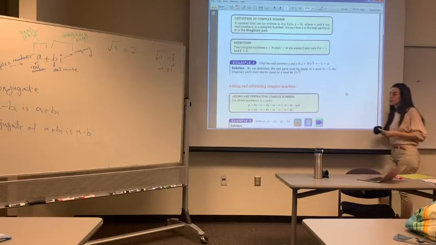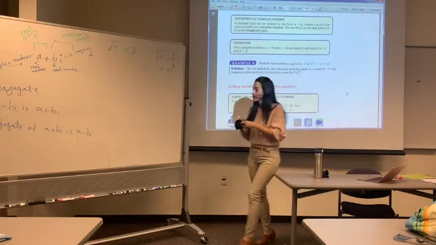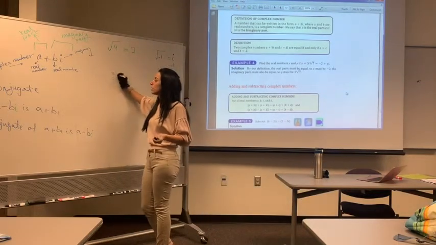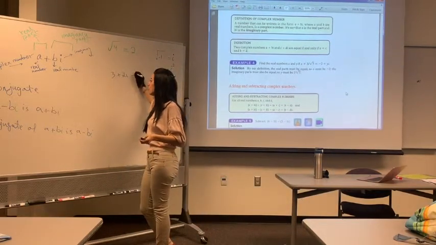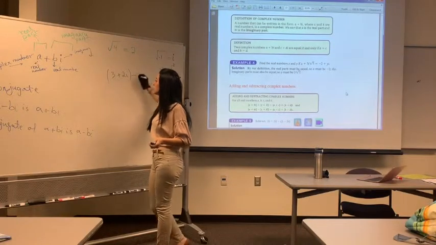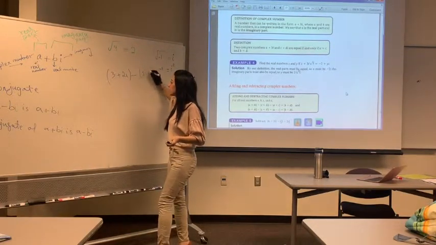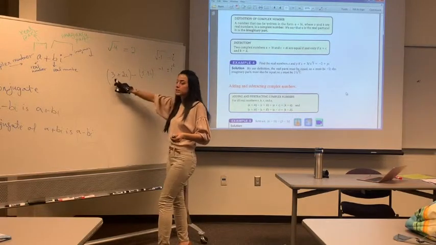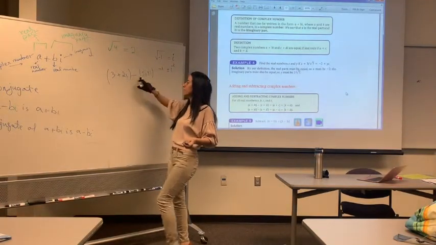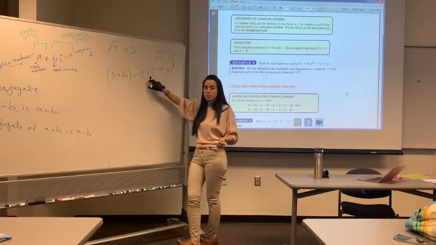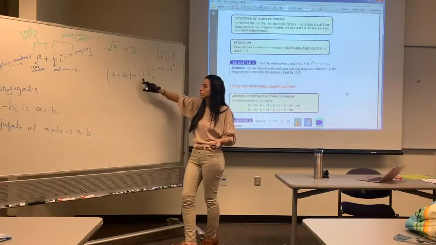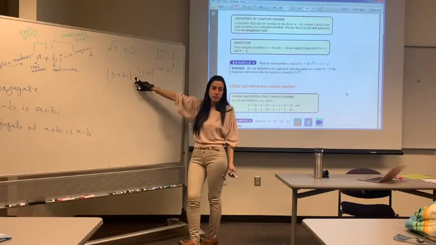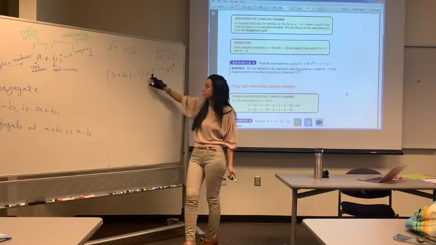If you want to combine some imaginary numbers, let's say we have 3 plus 2i minus 5 minus 8i. So this is the real part, this is the imaginary part, real part, imaginary part. Correct? So first of all, you will apply this sign to each of these terms.